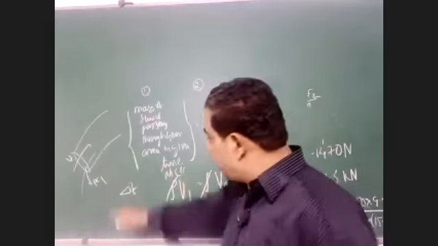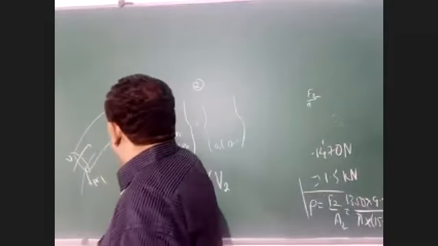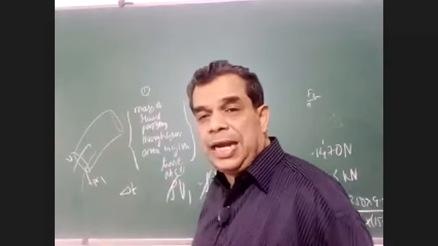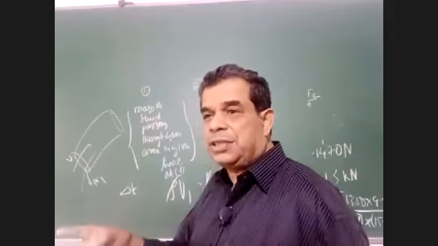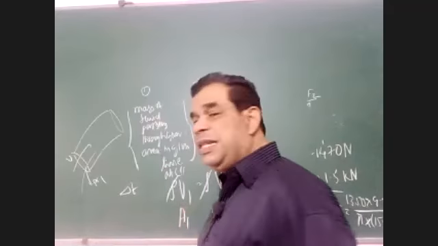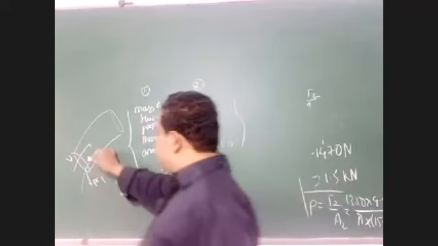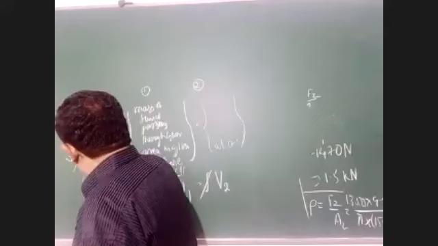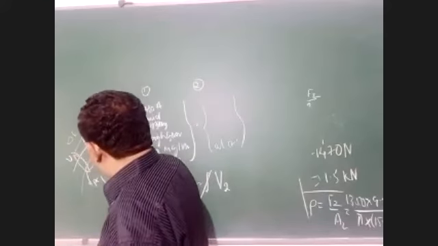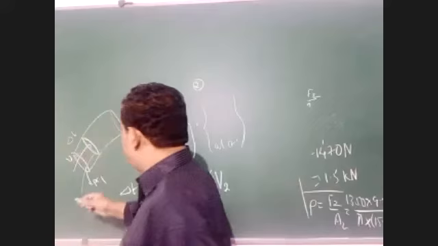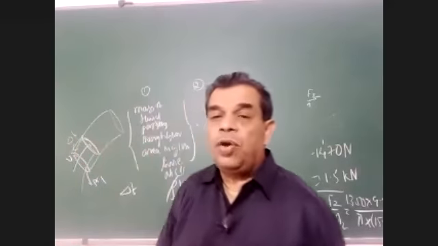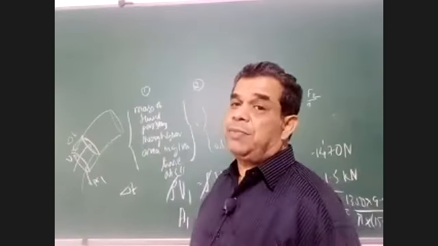But how to write V1 and V2 at any 2 points? What is V1? Volume, area into length, pi r square h. So A1 into length. Say in delta t time, all the particles that entered come out to this part. Then this is the distance covered in delta t time. What is that distance? Can somebody tell me?